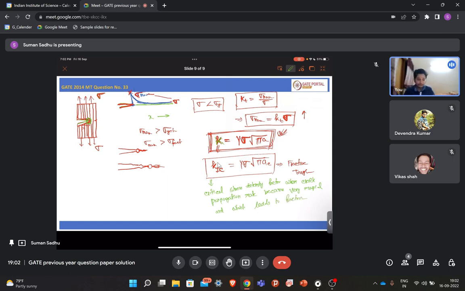At that time your crack propagation rate will be very fast and it will suddenly propagate and cause fracture of your sample. This critical stress intensity factor is called fracture toughness.